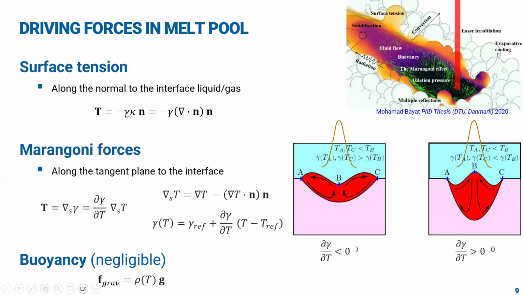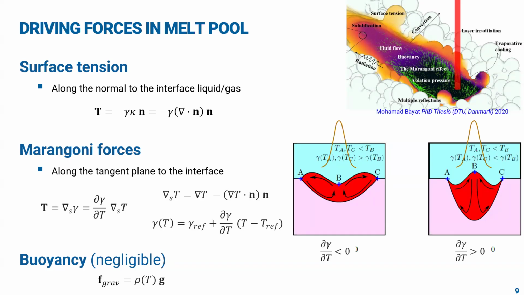Here you have the surface tension, and here the curvature of the surface. So the curvature can be the divergence of the normal to the surface. So this is one, I would say, stabilizing agent along the melt pool surface.